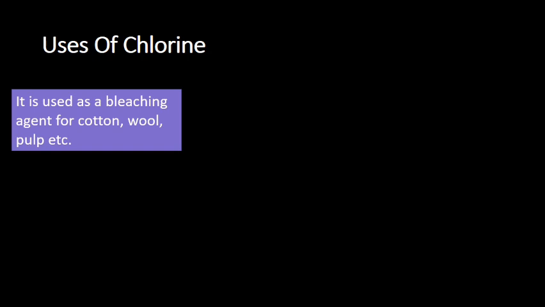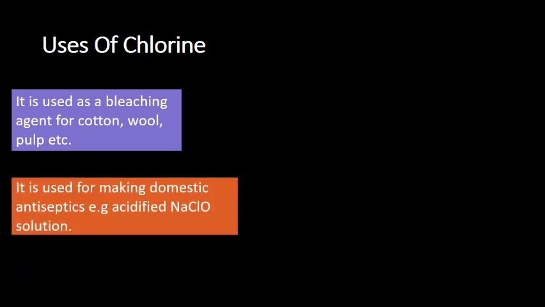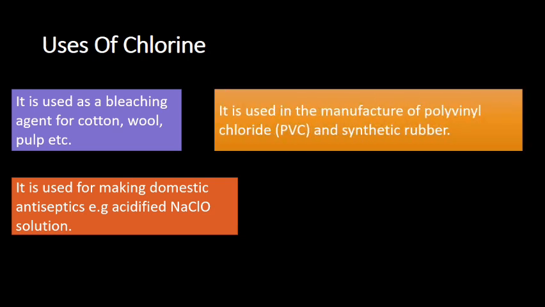So we have explained that. It is used for making domestic antiseptics, e.g. acidified sodium chlorate solution. It is also used in the manufacture of polyvinyl chloride, that is PVC, and those are some PVC pipes.